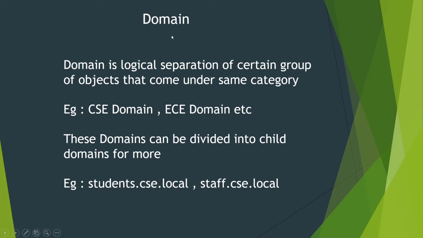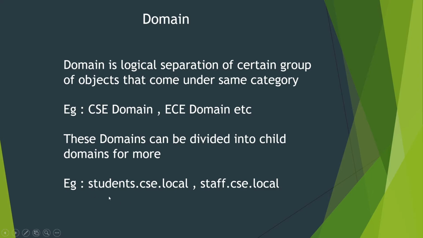Suppose let's take an example of an engineering college which has the CSE domain, computer science domain, and ECE, electronics and communication domain. These two domains are in the same college. These domains can be divided into child domains or more. Suppose in the CSE domain there are some separations like students and staff. Then you can have students.csc.local and staff.csc.local.